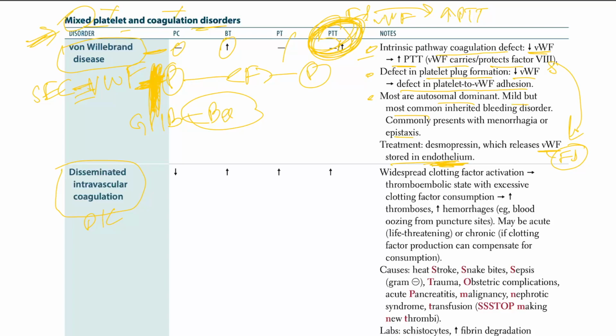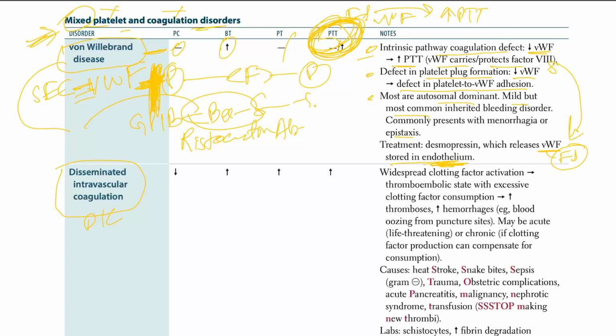When you do the ristocetin test, it's going to become abnormal in both these diseases, in von Willebrand disease and also in Bernard-Soulier syndrome. But how do we differentiate that?